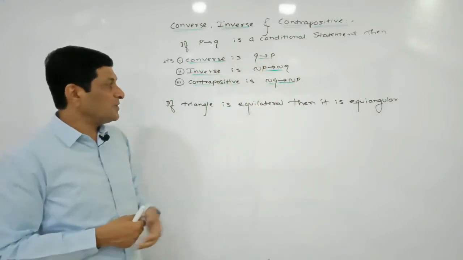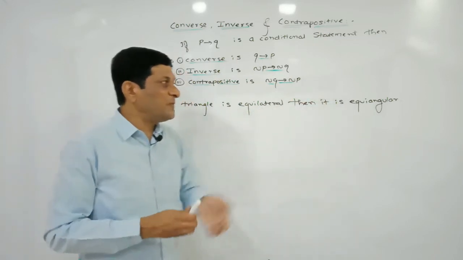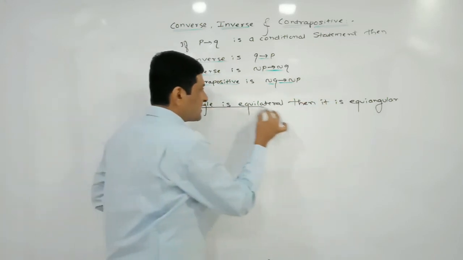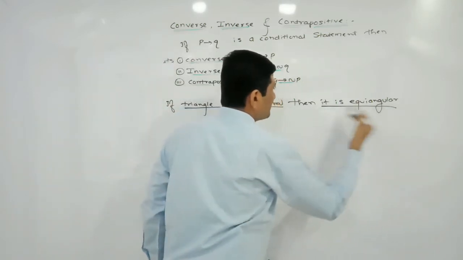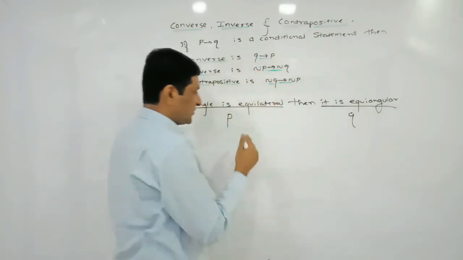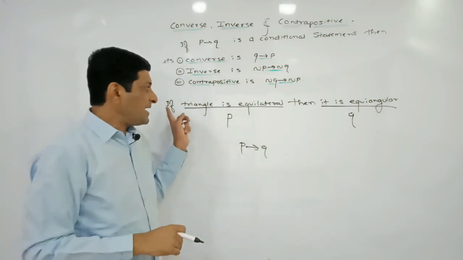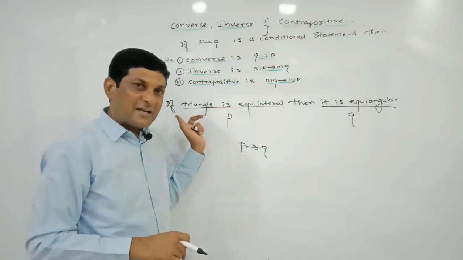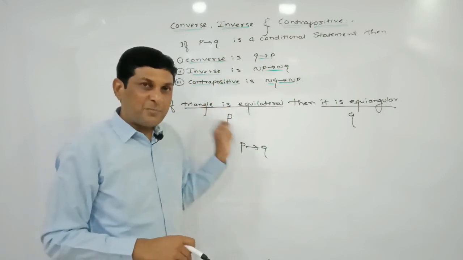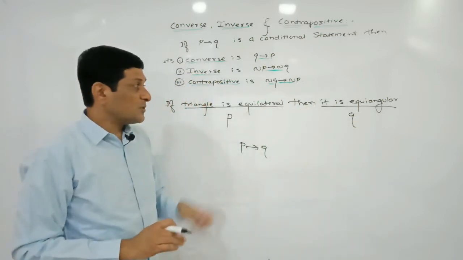Now if the statement is, if a triangle is equilateral, then it is equiangular. Which is the first part? Triangle is equilateral. Let us denote it by P, and the part after "then" by Q. So its symbolic representation is P implies Q. What is P here?